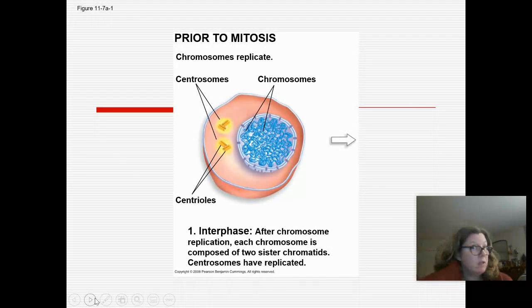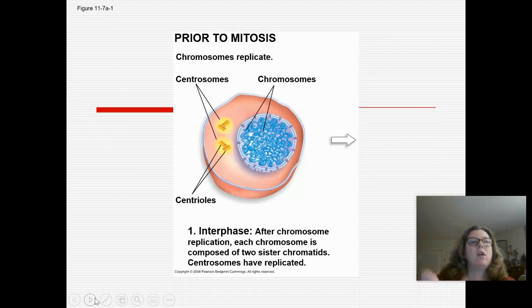Okay, so interphase, the cell's doing its normal job, right? After the S phase, you would have sister chromatids, in other words, two-armed chromosomes. But really, this picture is calling these chromosomes, but they're not really chromosomes. That's chromatin at this point.